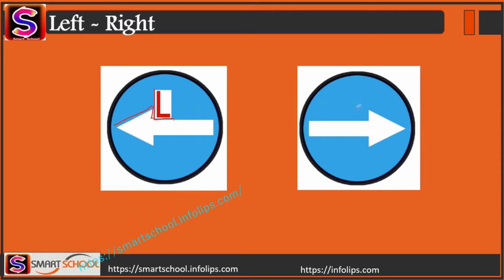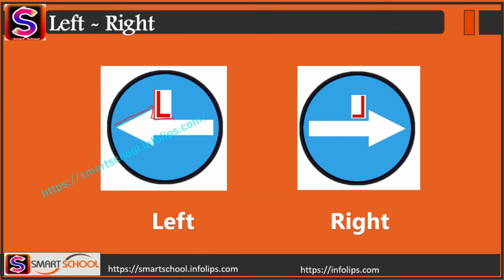L for left, so that arrow is left, and the other one is right. You just have to remember one side, that is left, which shows you the exact L shape. That arrow or that hand will be your left hand and the other one will be right.